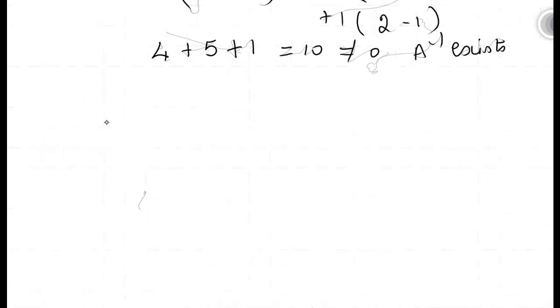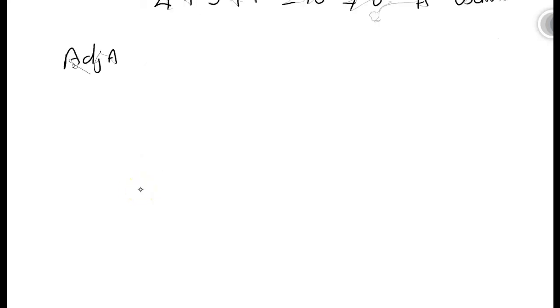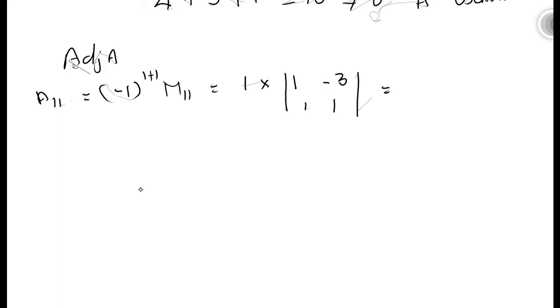Now to find the inverse, let us find the adjoint of A. To find the adjoint of A, A11 is equal to (-1) to the power of 1 plus 1, M11, which is equal to 1 into the determinant [1, -3; 1, 1], which is 1 into 4, equal to 4.